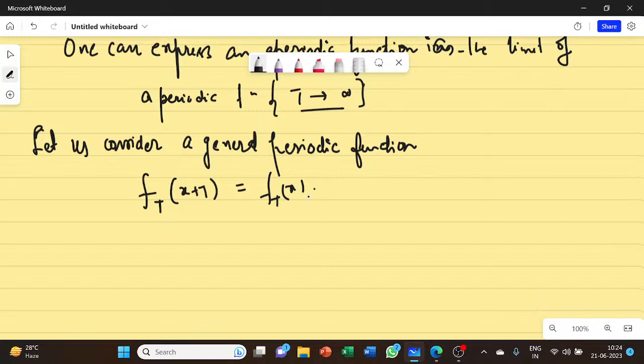And what I'll do, I'll take this entire term, 2 pi n upon t, as simply kn, so that my things will become easy now.